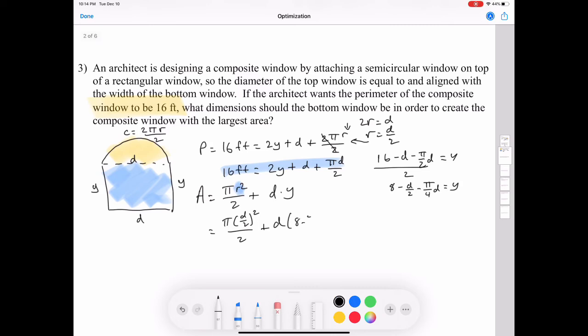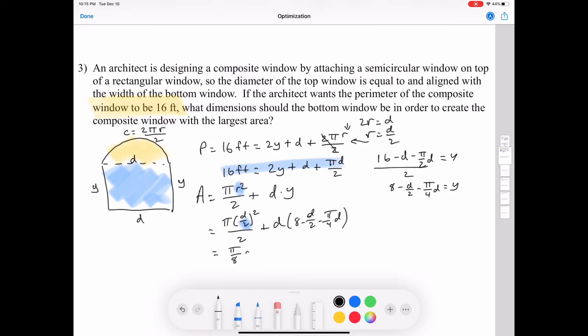8 minus d over 2 minus pi over 4 d. And then that's our a value. We can simplify this a little bit. So a is going to be pi over 8. 2 squared is 4. 4 divided by 2 is 8.